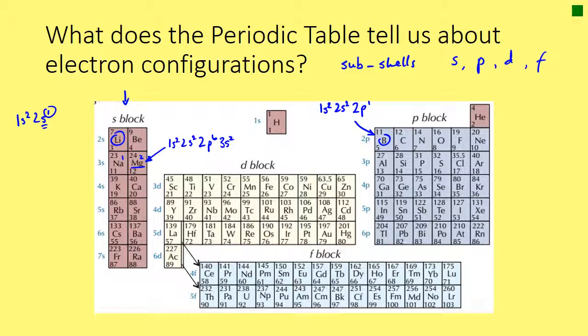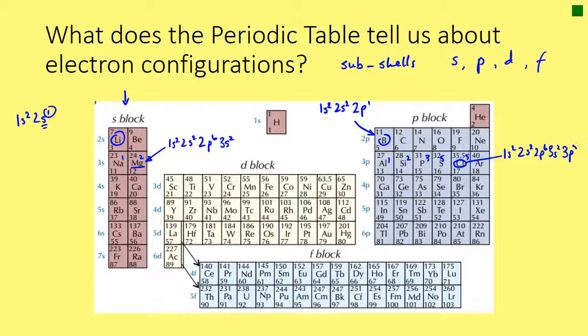Maybe we'll do one more example. Shall we do chlorine? Let's have a look. Here's chlorine, and so the electron configuration of chlorine, very quickly: 1s2, 2s2, 2p6, 3s2, all full up, and then in 3p we've got 1, 2, 3, 4, 5.